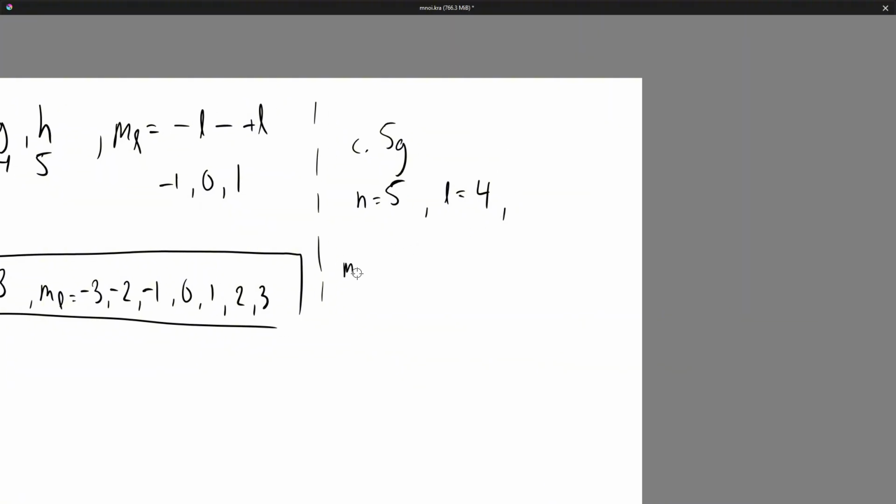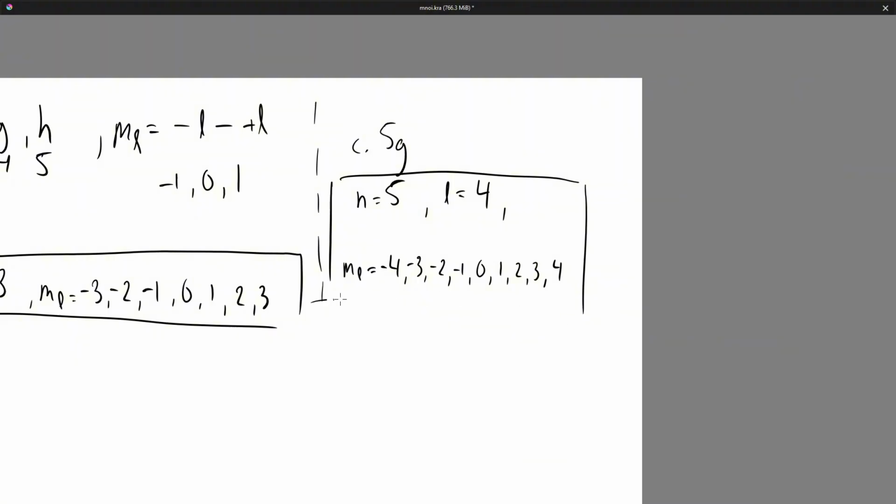So your ML values are just the negative to positive range. Boom. It's just that easy. This is something you should expect on the exam. I don't know if it'll be as easy as this, but it'll prepare you for what's to come, basically.